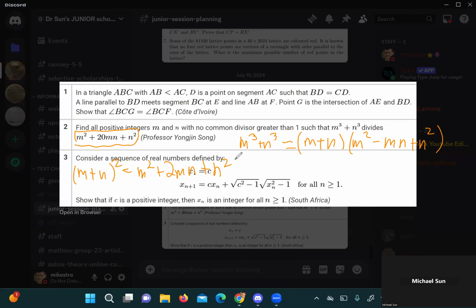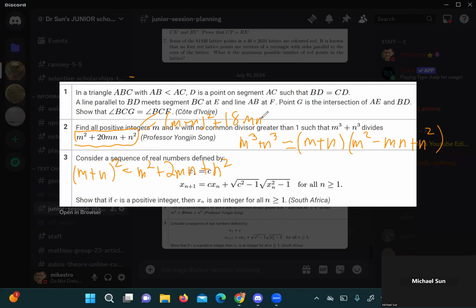I think it's more interesting when I haven't seen the problem before, because then you get an idea what it's like, instead of someone just pretending they solved the problem. All right, so that's equal to that, and then there's another 18mn, right? So this is equal to m plus n squared plus 18mn.